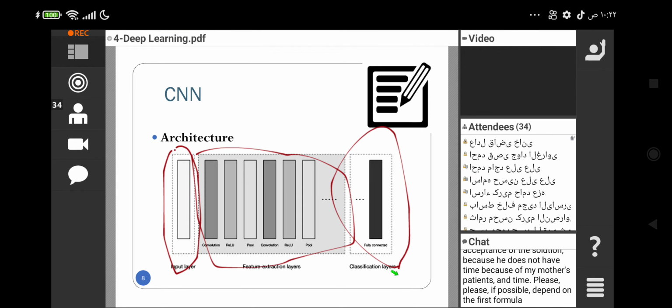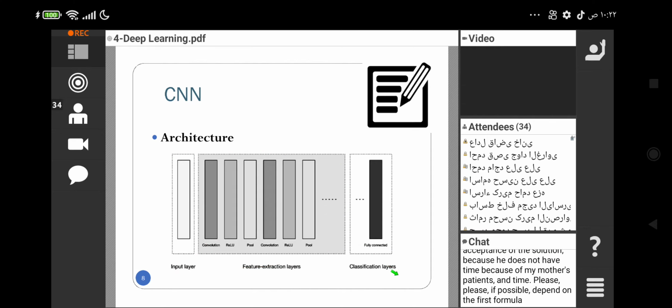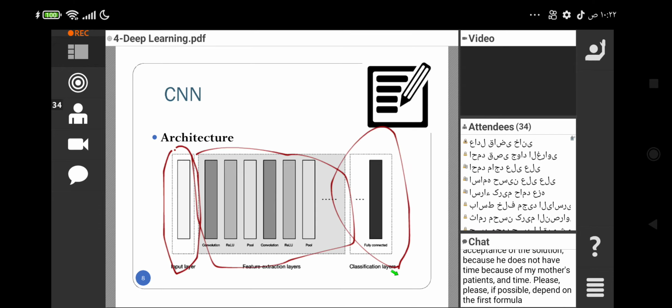And the input layer is for inputting data into the neural network. No problem about the input layer. Okay, do you understand?